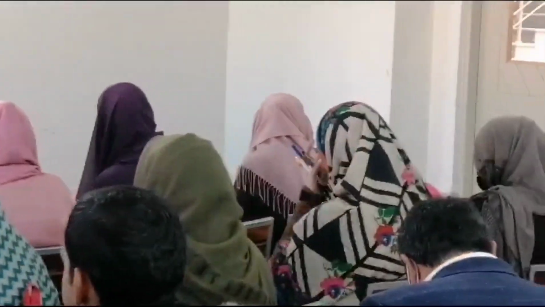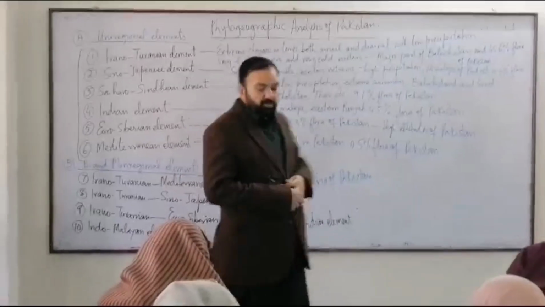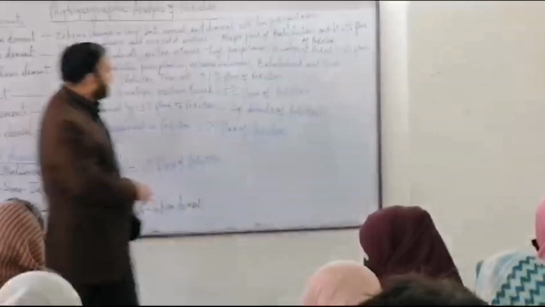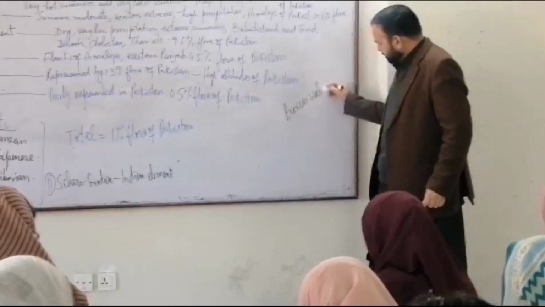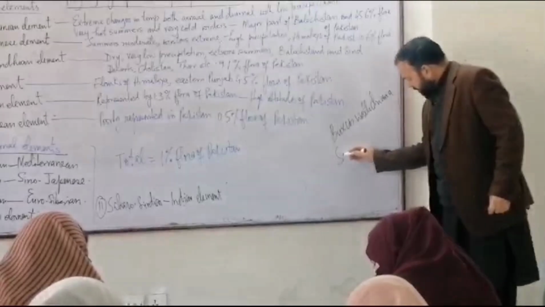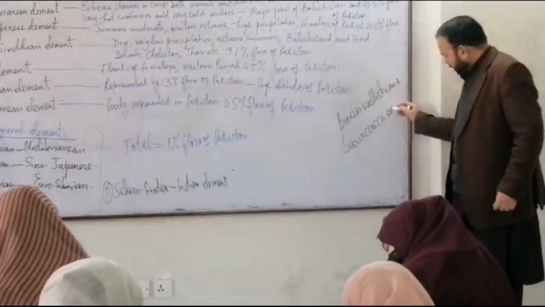Some of the indicator species of this region, you already know: Buxus wallichiana, a genus of family Buxaceae, and Sarcococca saligna.